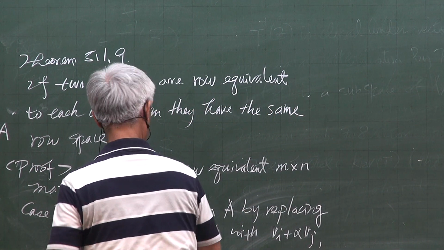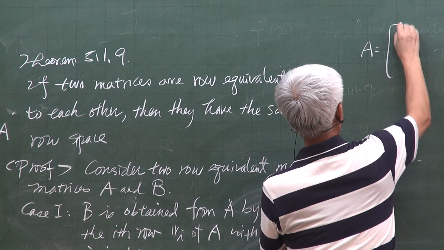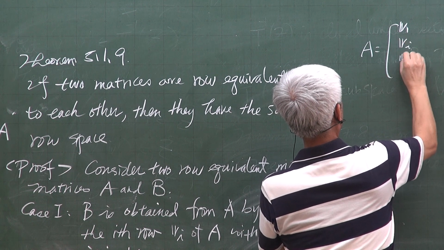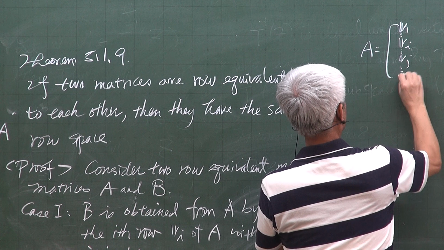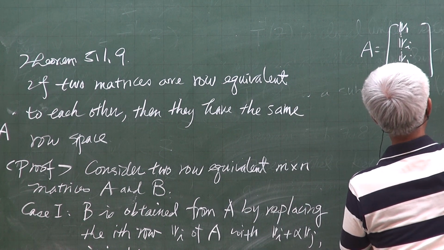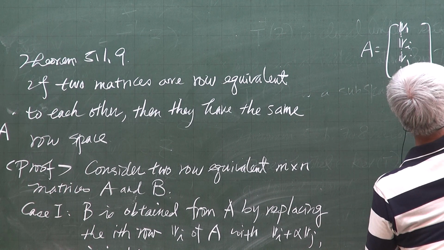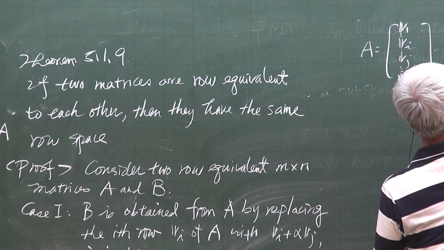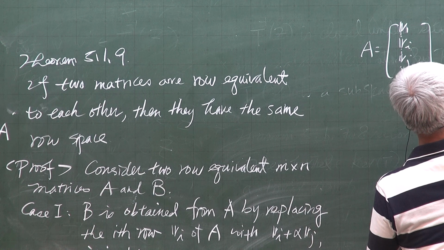That is, A has rows R1, ..., Ri, ..., Rj, ..., Rm, and B is obtained from A by applying the replacement Ri plus alpha Rj.